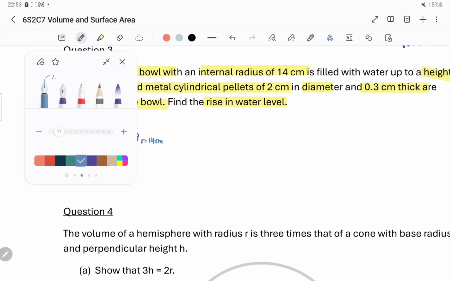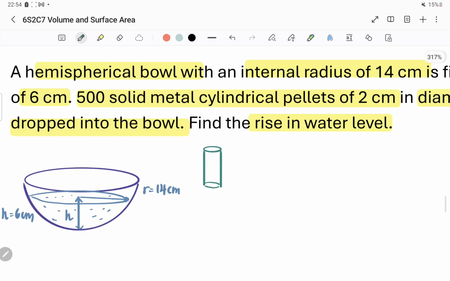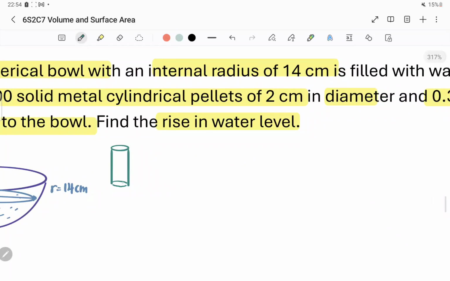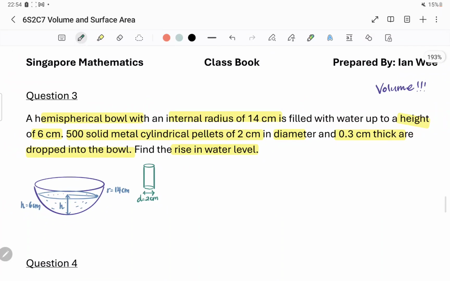Then what do we have? 500 solid metal cylindrical pellets, 2 cm diameter with 0.3 cm thick.